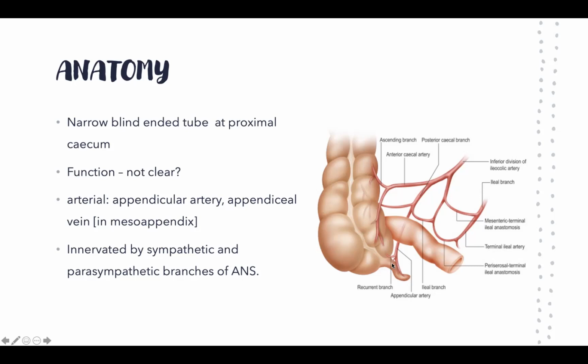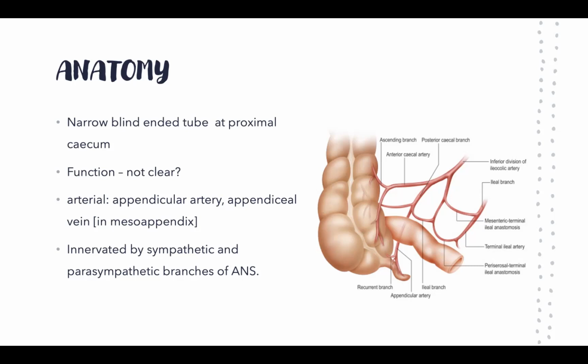Other theories say that it plays a role in the immune system. And it is actually indicated because we know that the appendix has quite a number of lymphoid follicles present in it. Some people are a little bit more cynical and think it's just an embryological organ that's been left behind.